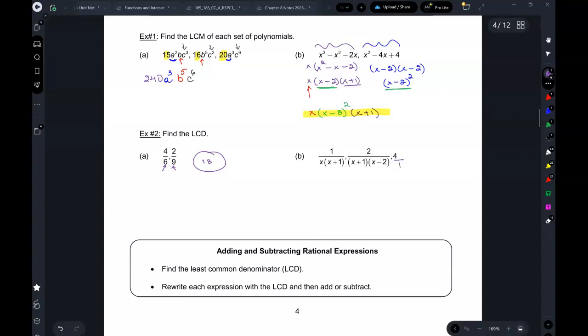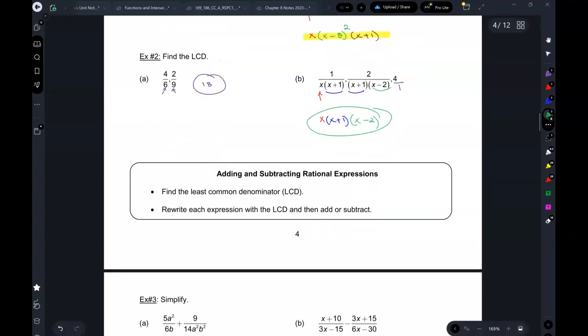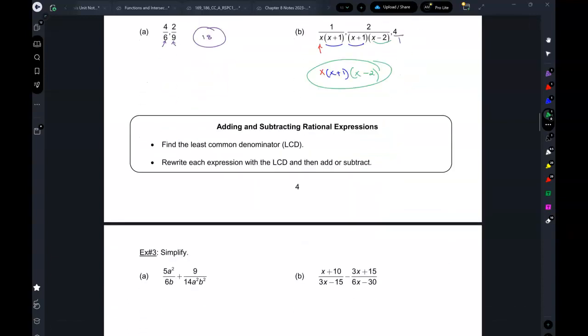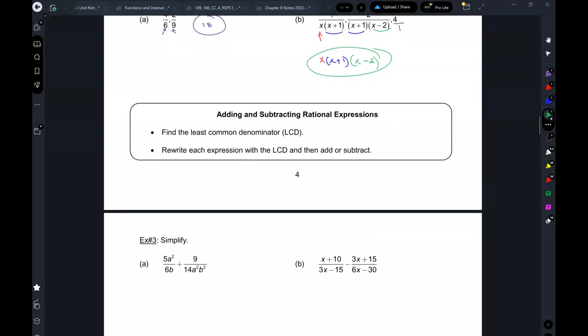So what is the LCD here? I don't have any coefficients other than the 1, so I can ignore that. But again, I have an x, I take one of those. I have an x plus 1, an x plus 1, I take one of those. And I have an x minus 2, I take one of those. This is the LCD.